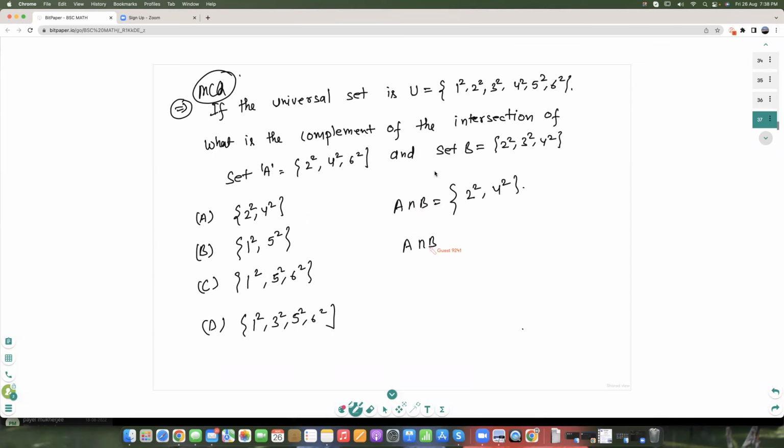The complement of A intersection B. That means those elements that are in the universal set but not in the intersection of A and B, so 1 square, 3 square, 5 square, and 6 square. If you see the answer choices, you get D as the correct answer.